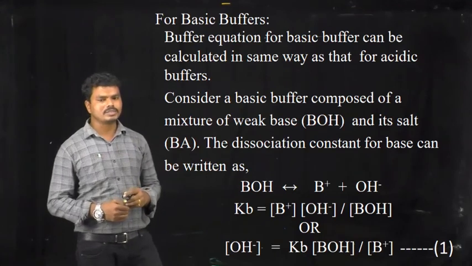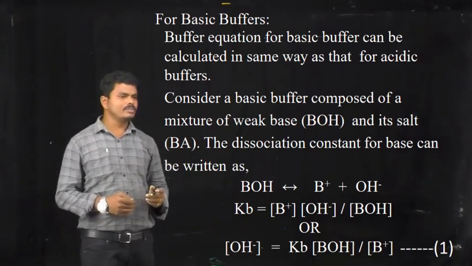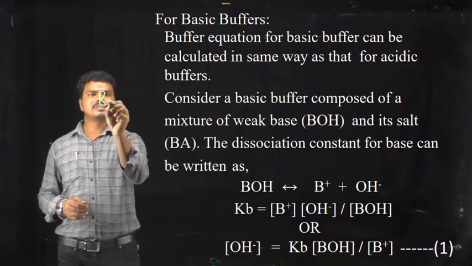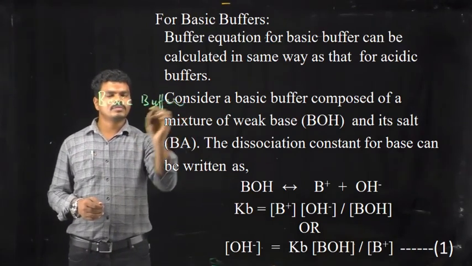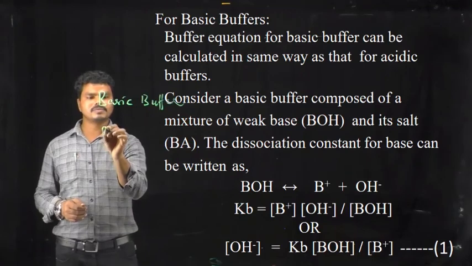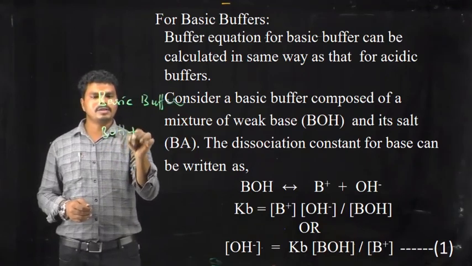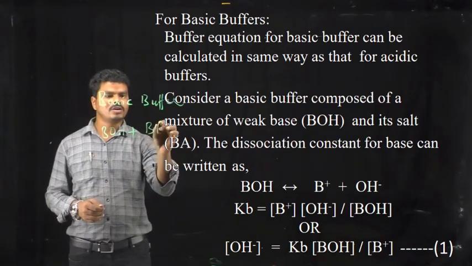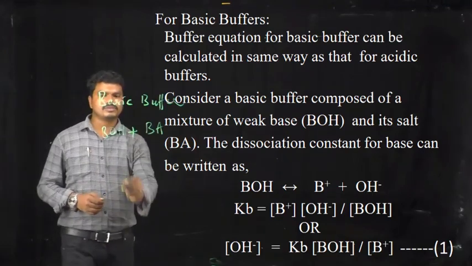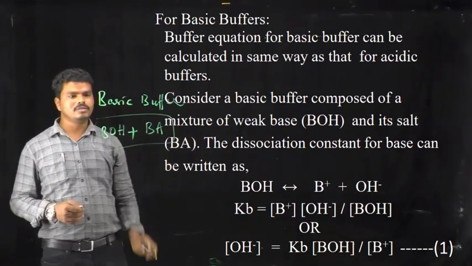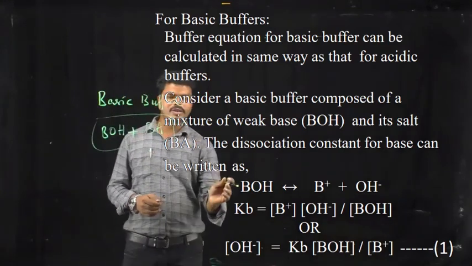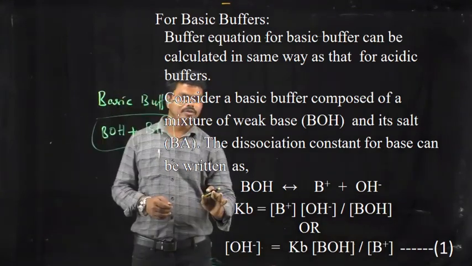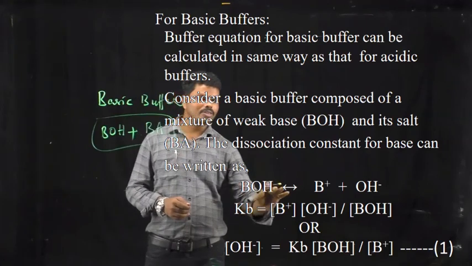So in that case, consider the basic buffer consisting of a weak base and its conjugated salt. This is considered the basic buffer system. When you look at the dissociation of these components, the weak base is subjected to partial ionization.